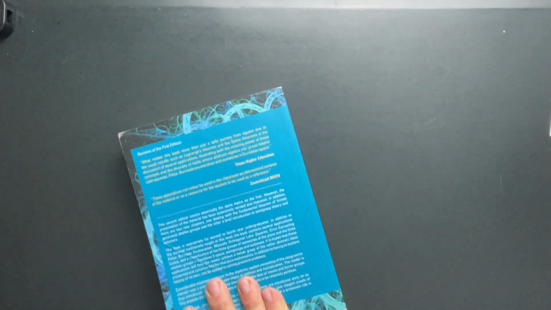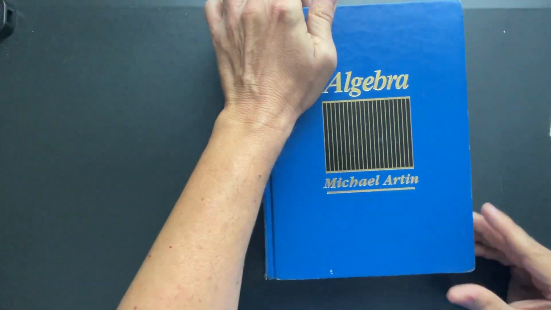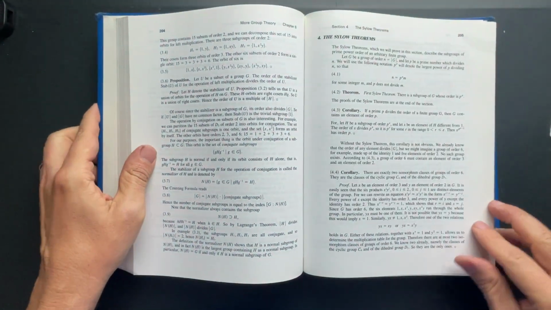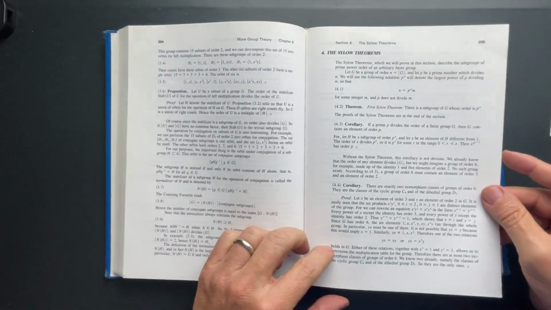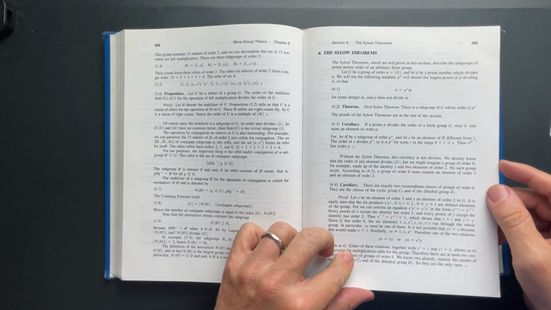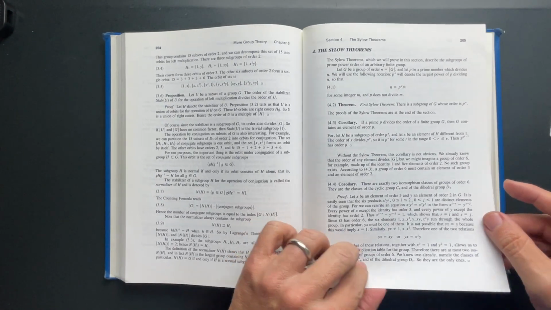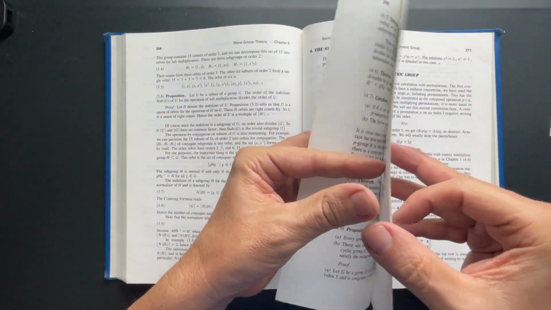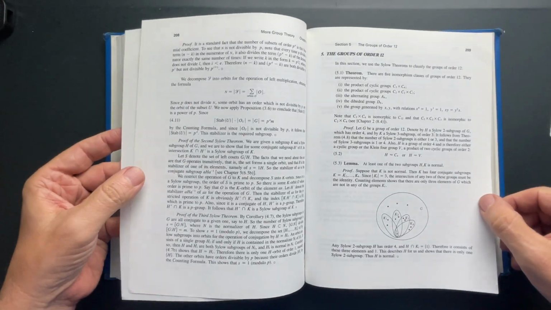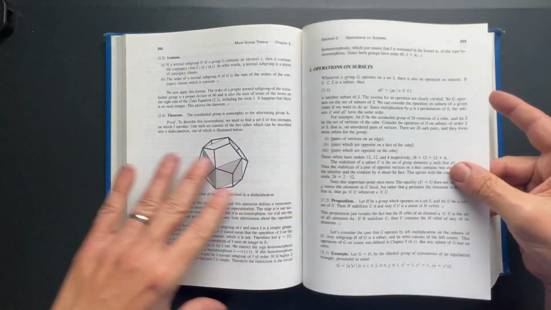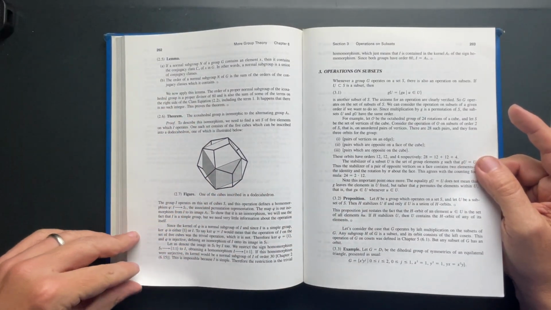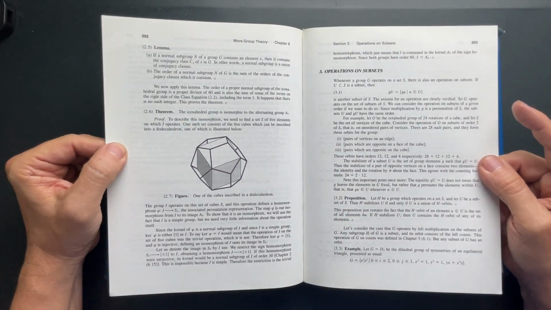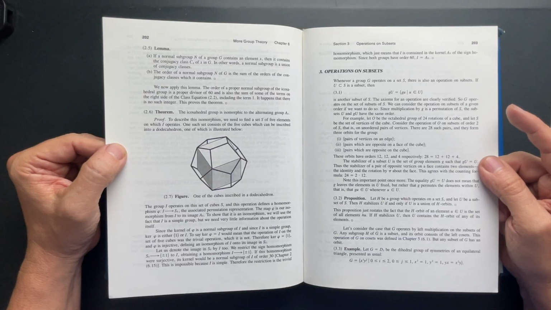And then I'll finish up with Artin. In the case of Artin, he does lay out the geometry of it better, in my opinion, because he's looking at the pictorial representations of groups as well. There's a little bit of geometry and a lot of linear algebra in this book.